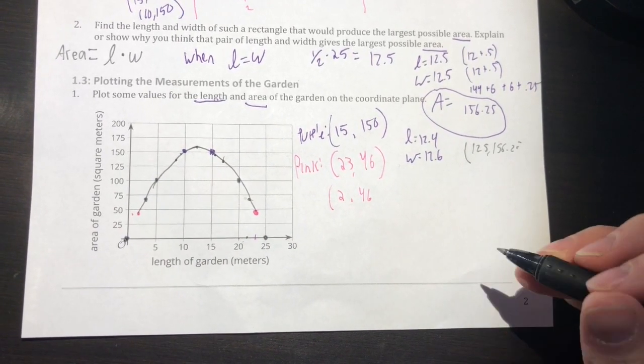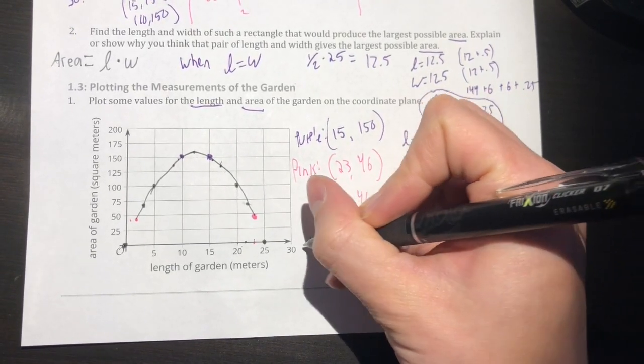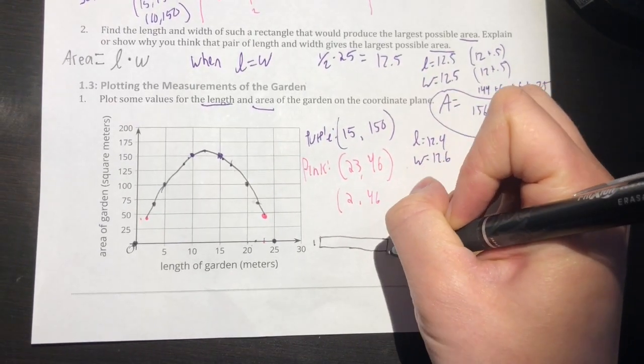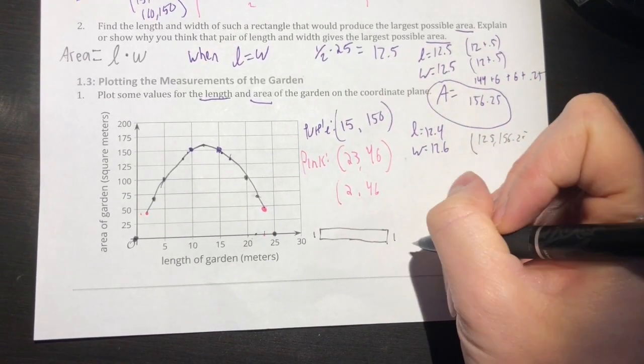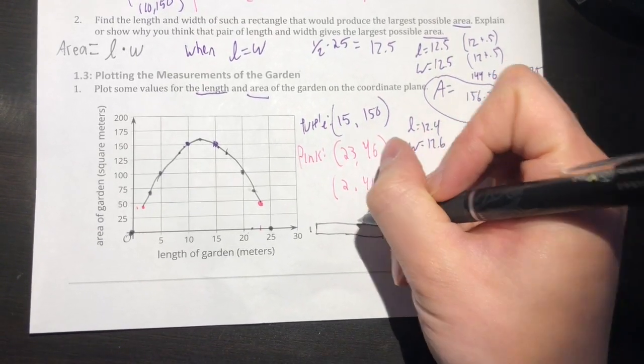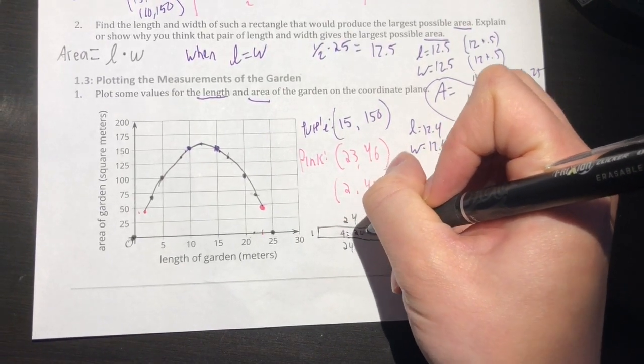Let's try one more, just so you really get the hang of it. So if I have a rectangle and my length is 1, what's my width? Well, 50 minus 2 is 48. Divided by 2 gets me 24. So 1 and 24. So my area is 1 times 24, which would be 24.